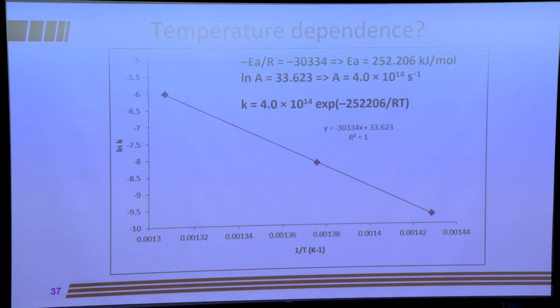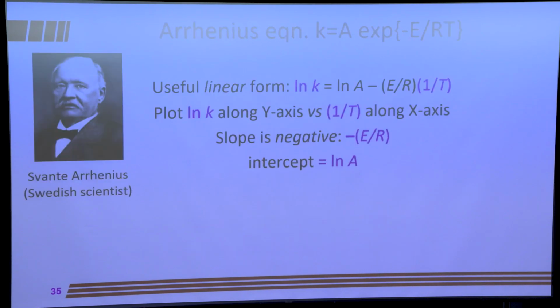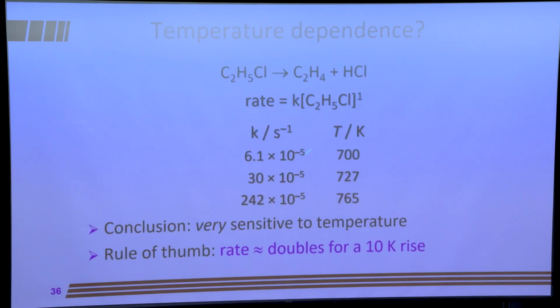Okay, and just to say then, I want to kind of hammer this home. So what we do to measure the rate constant is perform an experiment. We have the reactant, we plot log of its concentration versus time. If that gives us a straight line, great, then the slope is minus the rate constant. If it doesn't give us a straight line, then we plot 1 over the concentration.